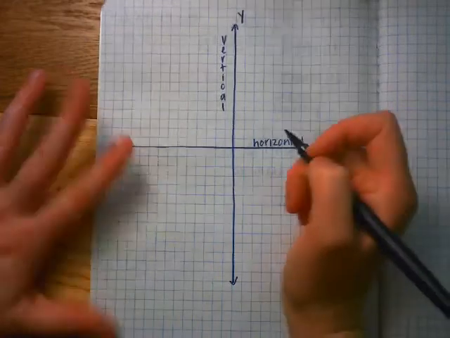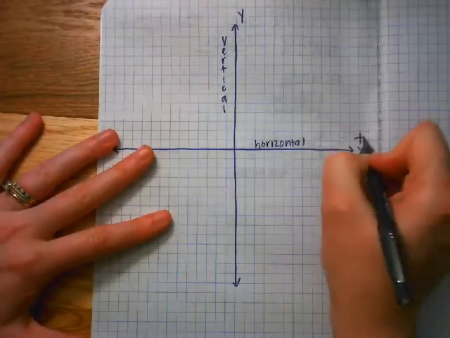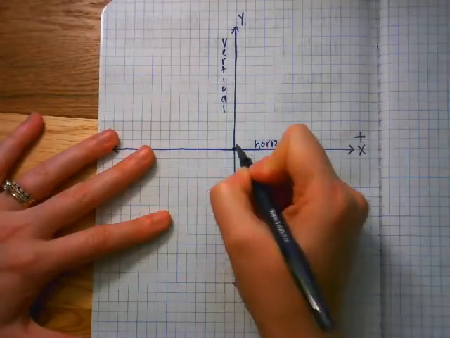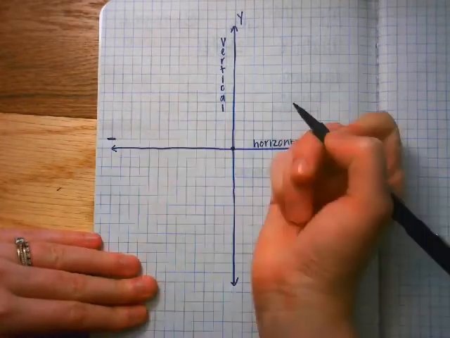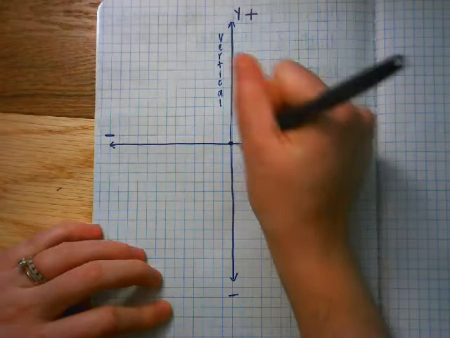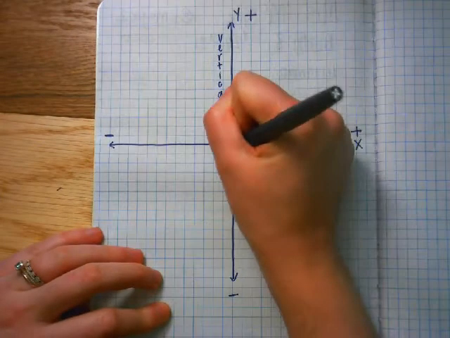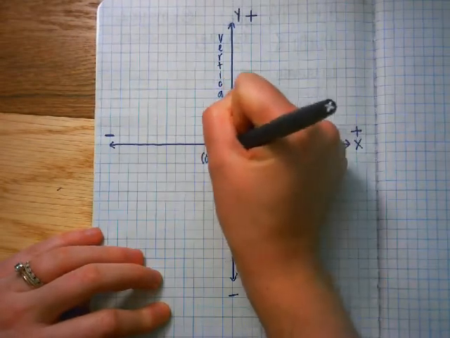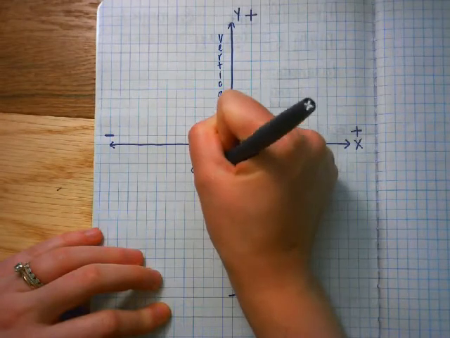All right, when we count, we have positive numbers from here over, negative numbers here, positive up top, negative on the bottom. And this point at the center is at 0, 0, and we call it the origin.